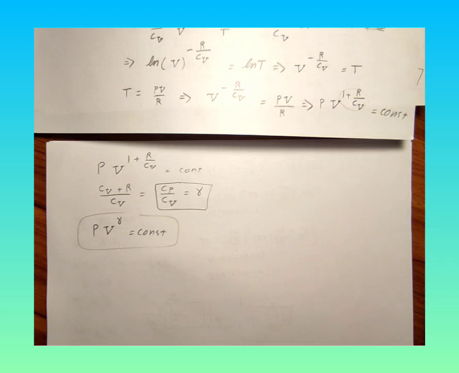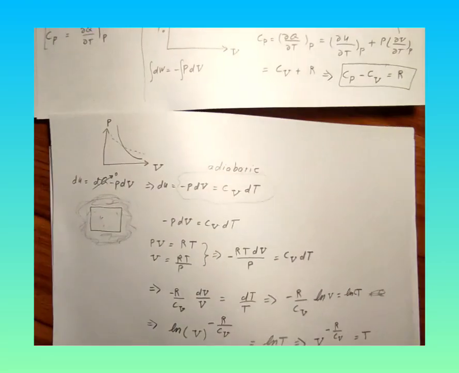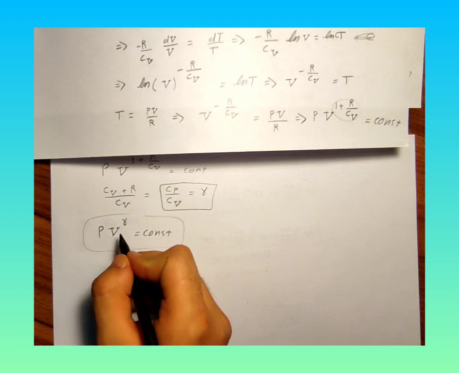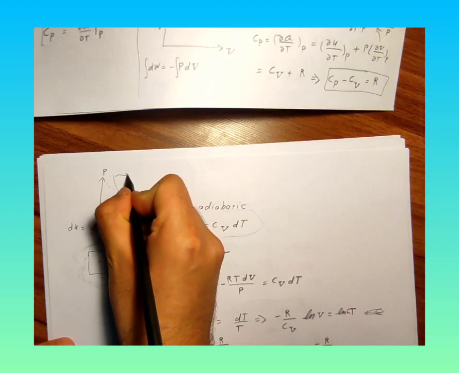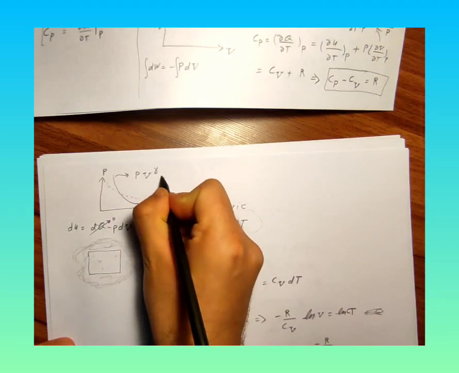Okay, now let's go back to the diagram. We calculated the equation that makes the diagram. Here on this curve, PV to the power of gamma is constant.